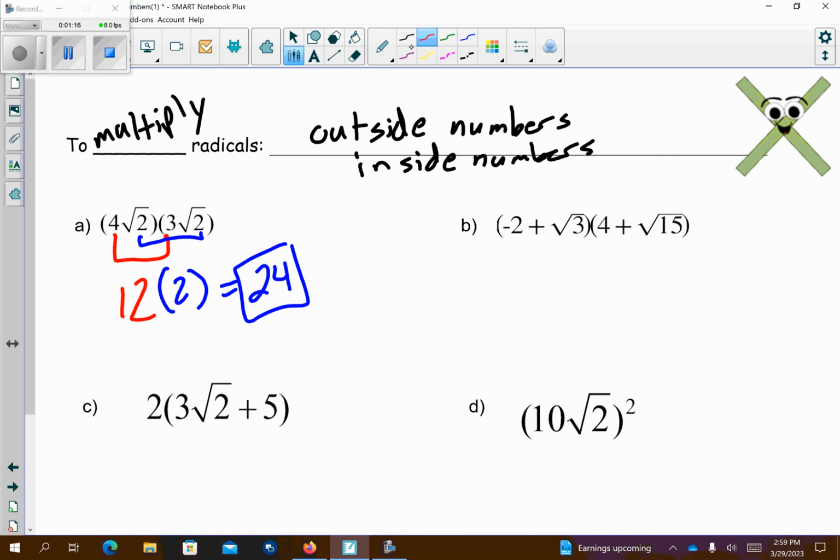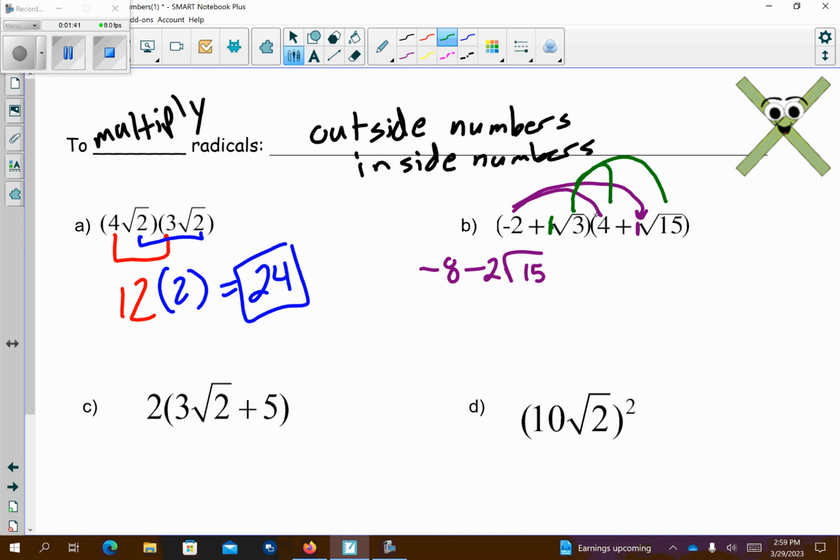This next problem, letter B over here, we're going to double distribute. So the negative 2 goes here, and it goes here. Now realize here I really have a 1. So I have negative 2 times 4 is negative 8. Negative 2 times root 15 is negative 2 root 15. And then I also have to multiply the root 3 times 4 and times root 15.